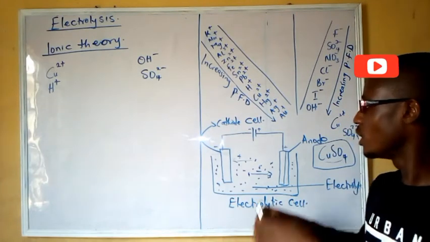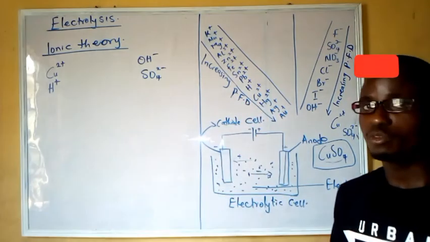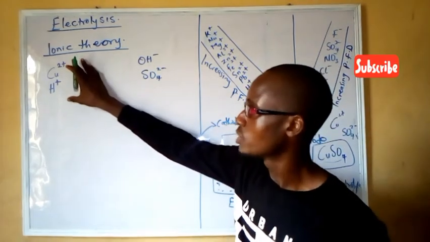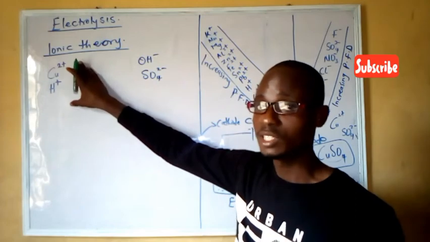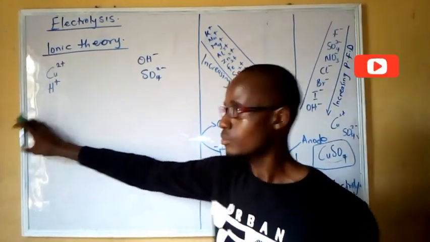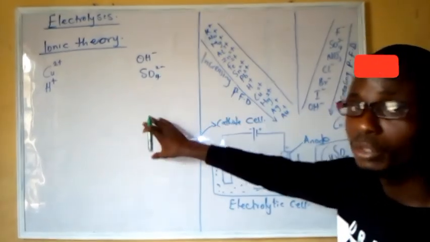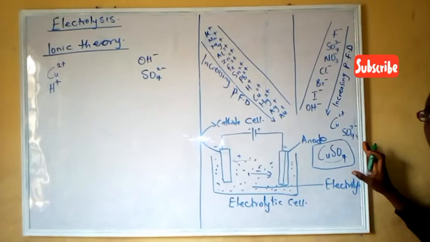But once the electrodes are inserted into the solution, they all lose their free movement. The positive ions, which are H+ and Cu2+, begin to migrate to the cathode, while OH- and SO4 2- begin to migrate to the anode.